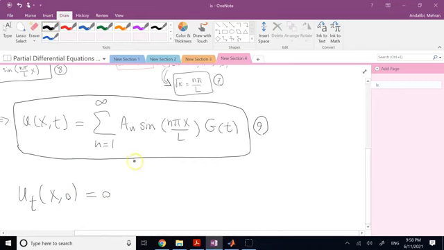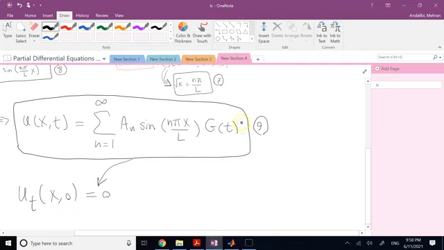What does it mean? If I plug this 9 into this, what happens? So the derivative of this guy with respect to time definitely involves the derivative of g with respect to time. Okay, the x function stays. The g, and you take the derivative, and then set it equal to 0. What does that mean?